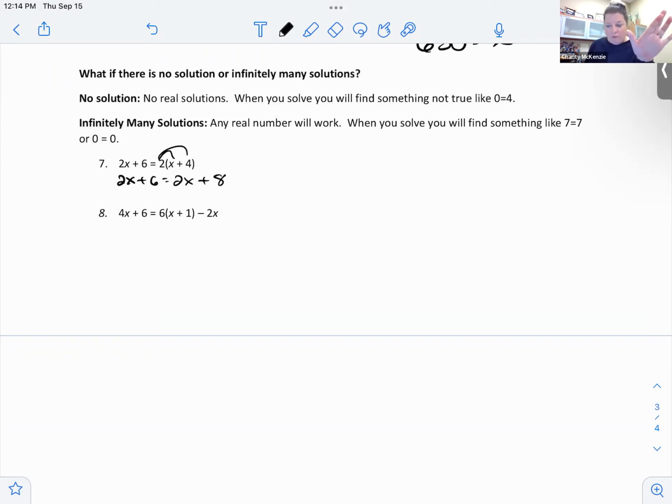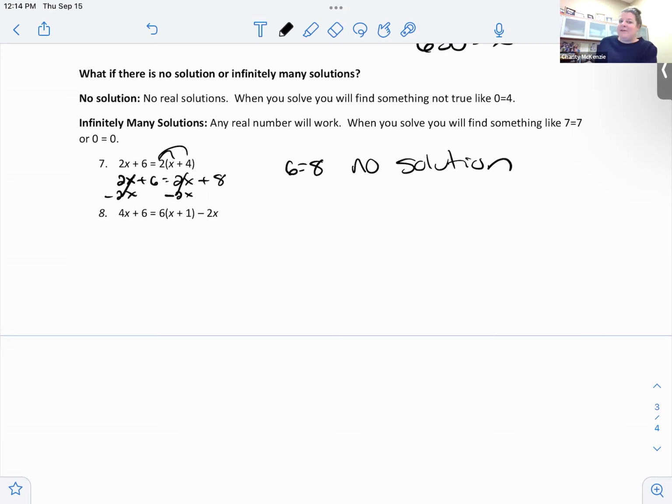So I'm going to move it over and it's positive. So I'm going to minus 2x and minus 2x. So on both sides, minus your 2x. What happens to all your letters? They went away. They're all 0. What do I have left? 6 equals 8. That's not true. So there's no solution.